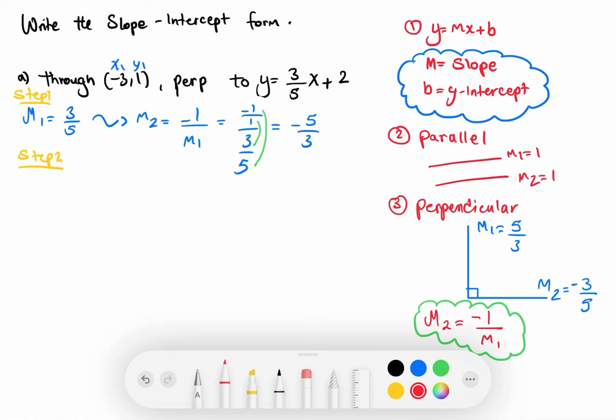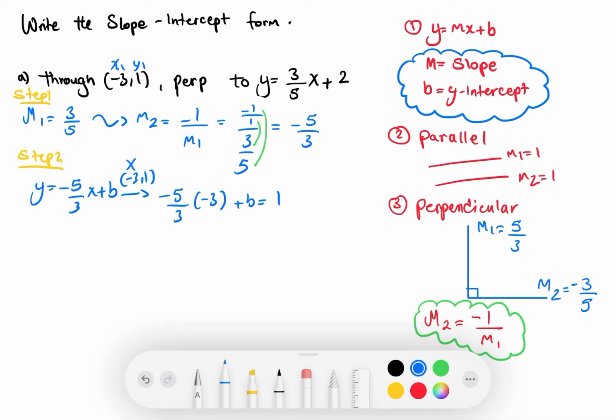So using the first piece of information that we were given, I know that my slope is negative 5 over 3, so y equals negative 5 over 3x plus b. I just want to find b. So all I have to do is substitute negative 3 and 1 inside this. So I will have negative 5 over 3 times negative 3. The x is negative 3 plus b is equal to 1.